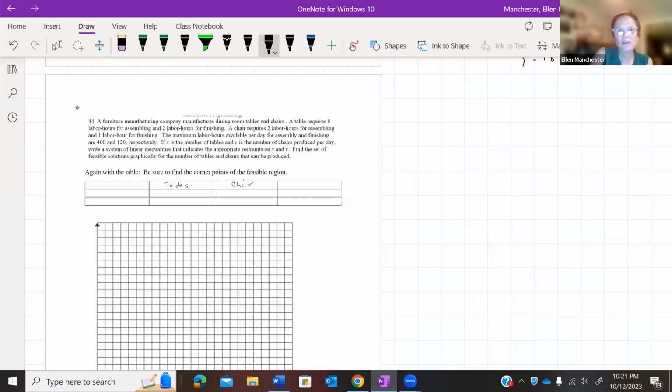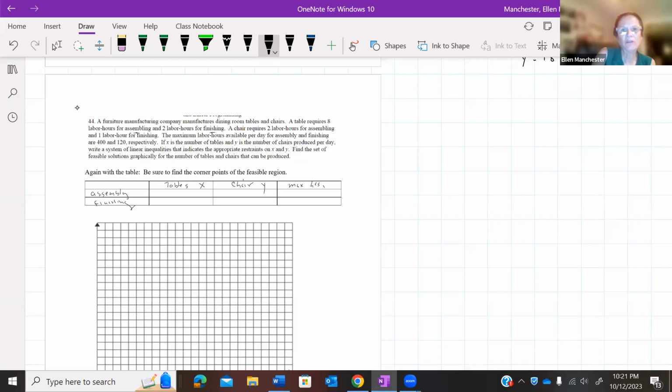It says, find the set of feasible solutions for the number of tables and chairs. So I'm looking for X's tables, Y's are chairs, and we have maximum hours. What are we doing with these tables and chairs? We're assembling them and finishing them.